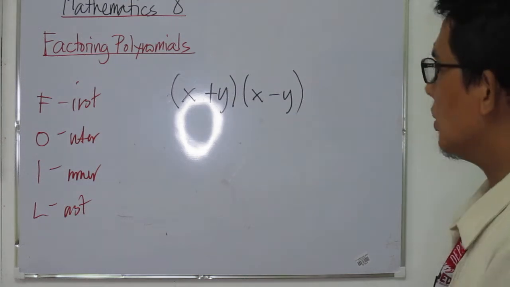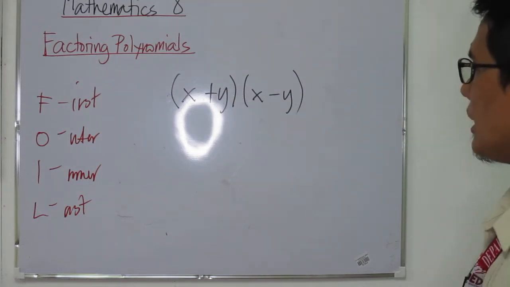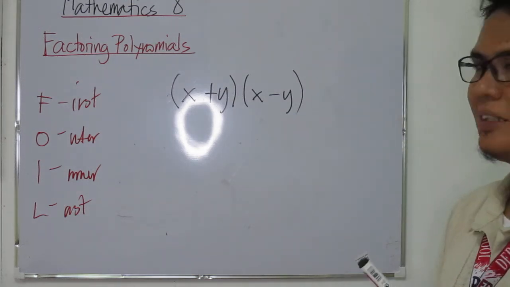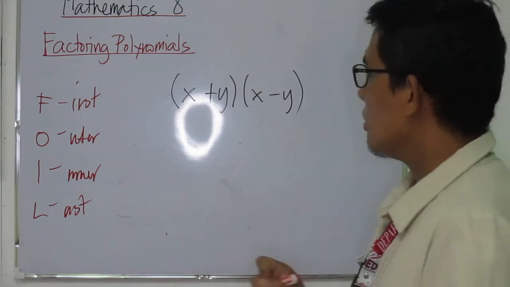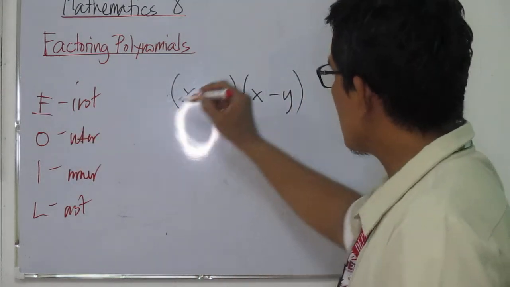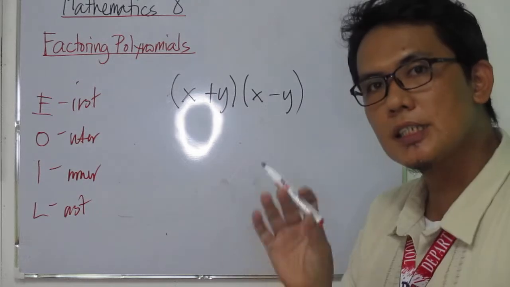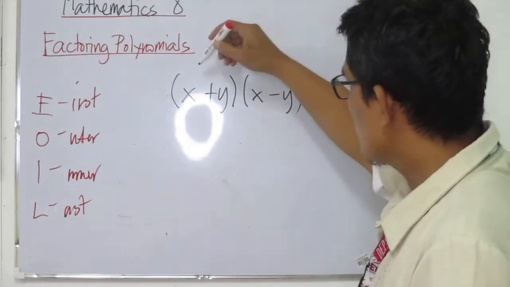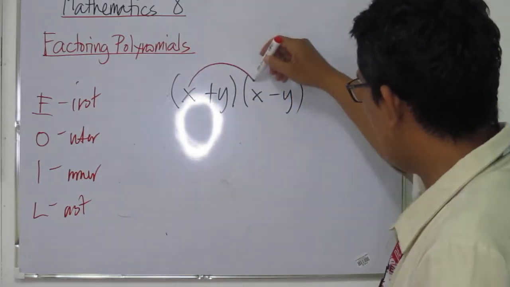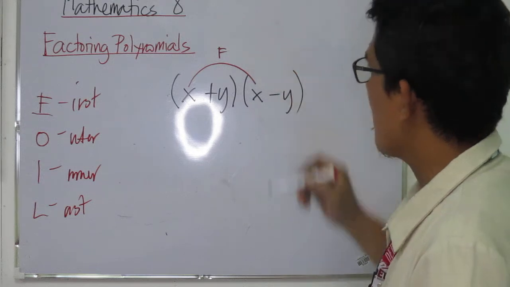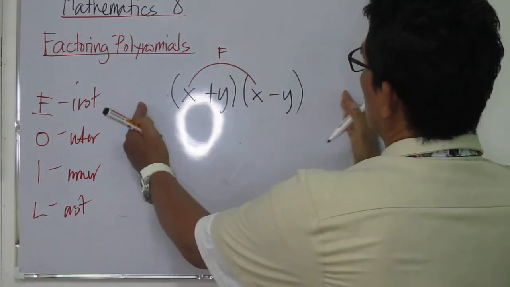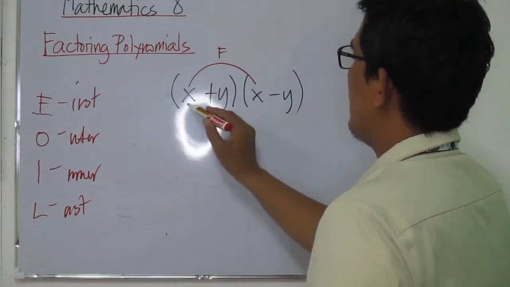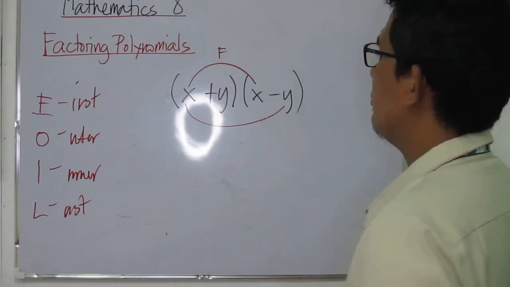So therefore, we're going to identify which of the terms is considered the first term of our two binomials. F, first, so that is the first term of the two binomials. So that is x and x. So this is our F. Outer, so the outer part of our expression. So that is x and our negative y.